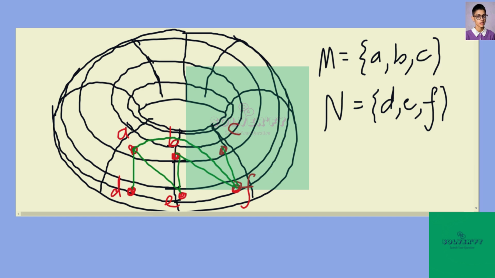But now, notice that we still need to add the edge BD. And to do this, this is where we really are going to require the torus. So we'll draw a curved edge through the inside of the torus. And I'll draw this in blue to sort of distinguish this.